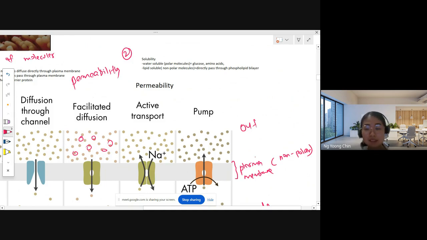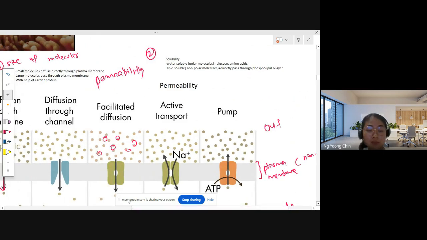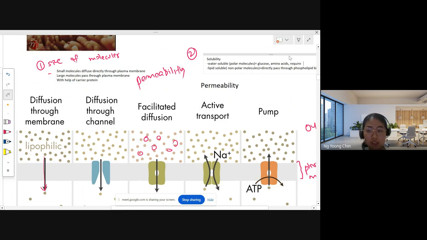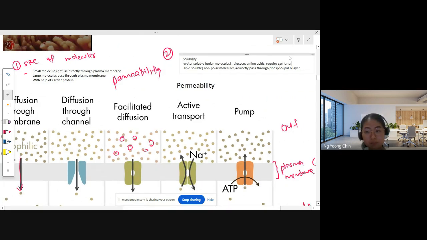Because of this characteristic, when any polar molecule needs to pass through the plasma membrane, it is unable to pass directly through it. It needs help from the carrier protein. The carrier protein will help transport those water-soluble polar molecules through the plasma membrane. So it requires the carrier protein. Generally, these are the two factors.